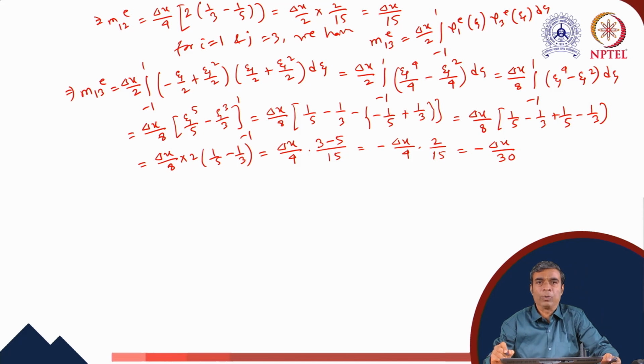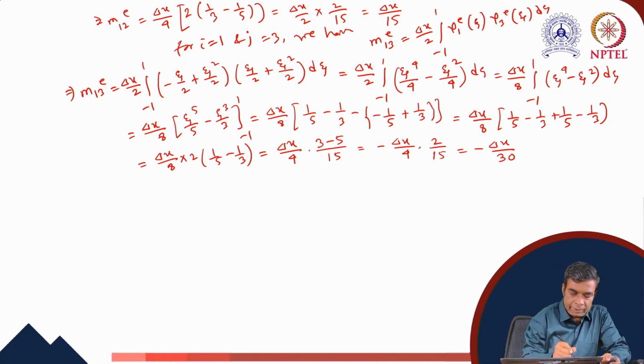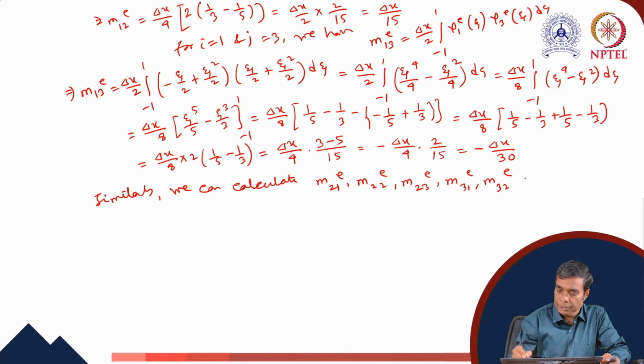So we have calculated the first row of the mass matrix of the 3-noded bar element. Similarly, it can be shown for the remaining rows. Now we can construct the mass matrix. Similarly, we can calculate M21E, M22E, M23E, M31E, M32E, and M33E.